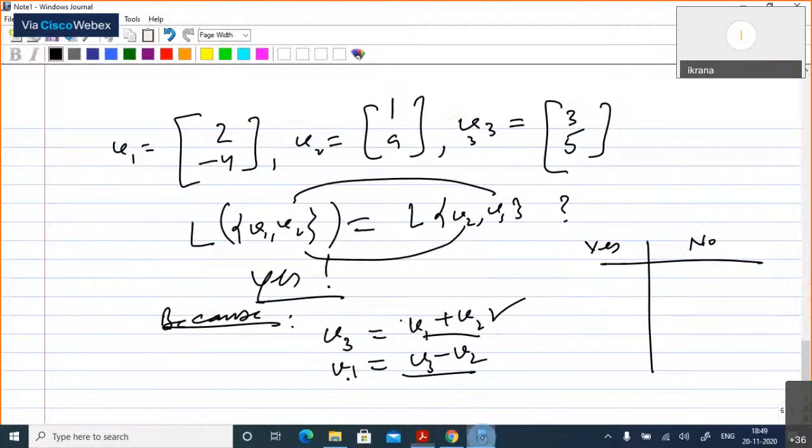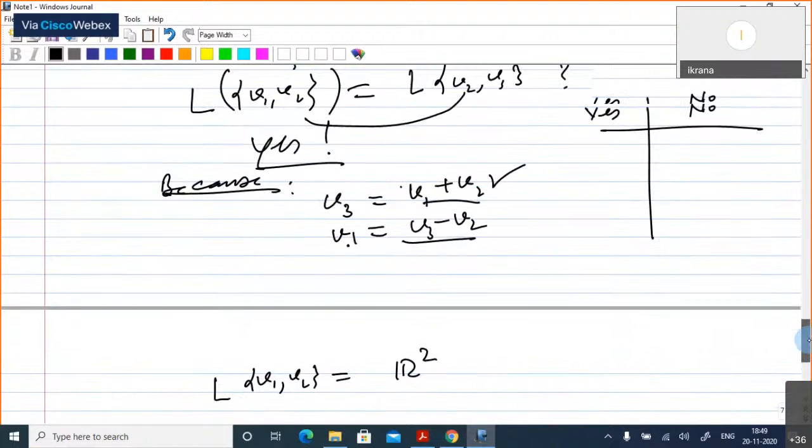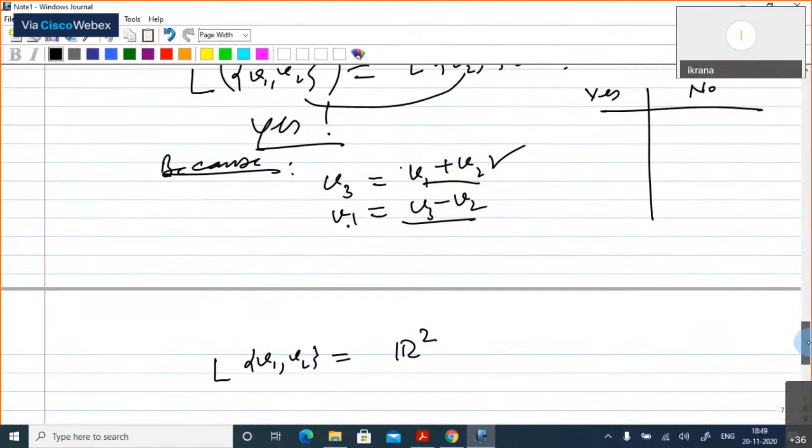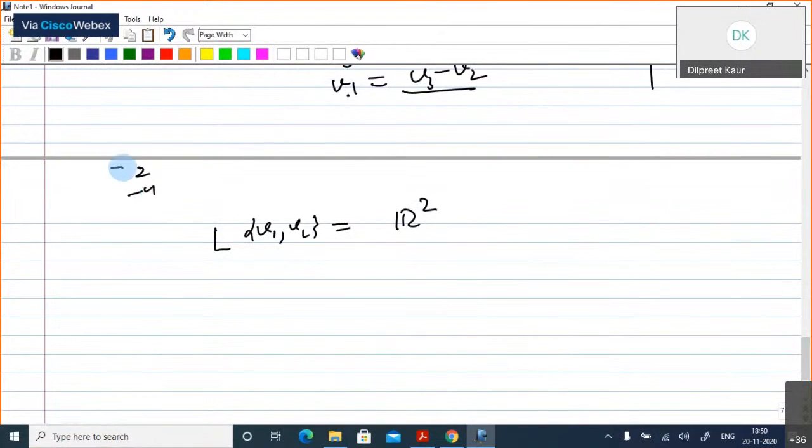So somebody will explain that L of V1, V2 is equal to R2, where V1 is 2, 4 and V2 is 1, comma.